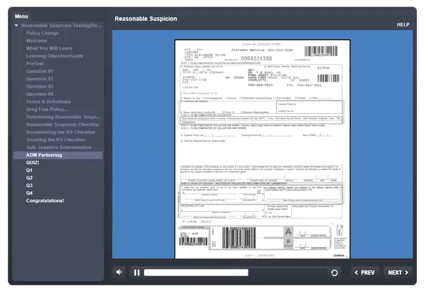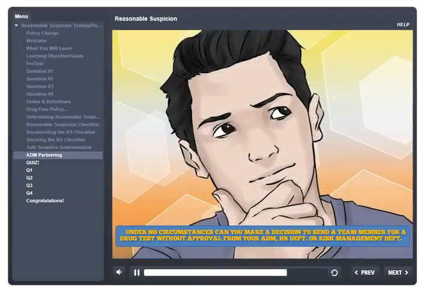After the team member has finished their drug test, they must bring a completed copy of the chain of custody form back to you. Place a copy of the chain of custody form in the team member's personnel file. Remember, under no circumstances can you make a decision to send a team member for a drug test without approval from your ADM, HR department, or risk management department.